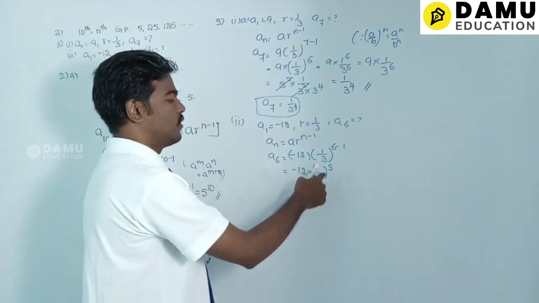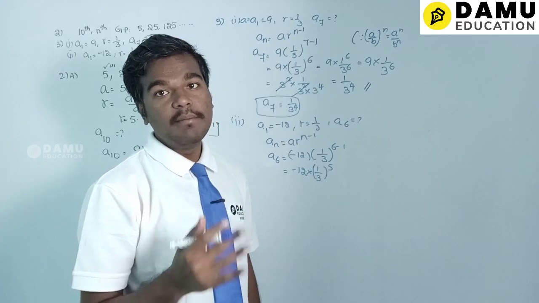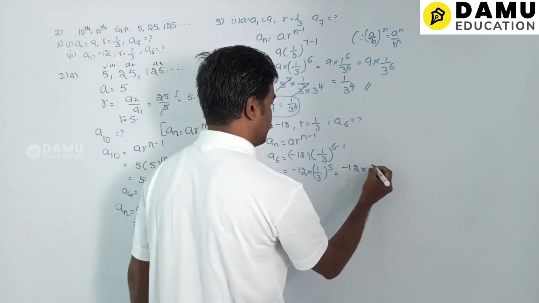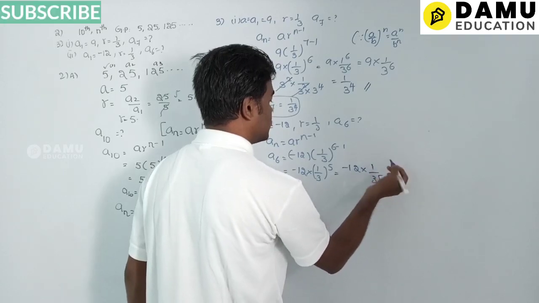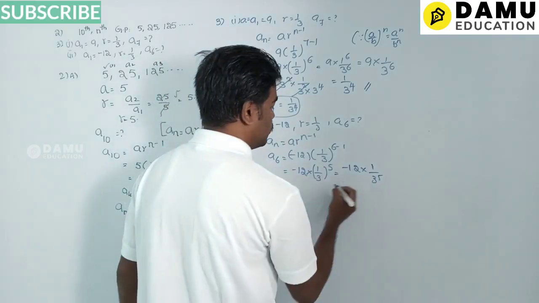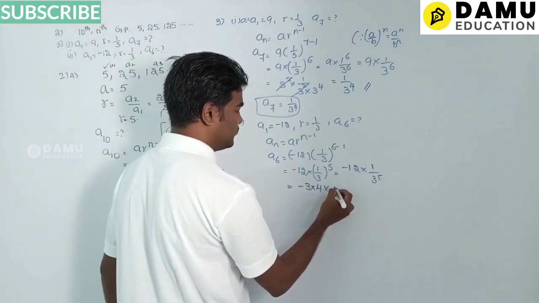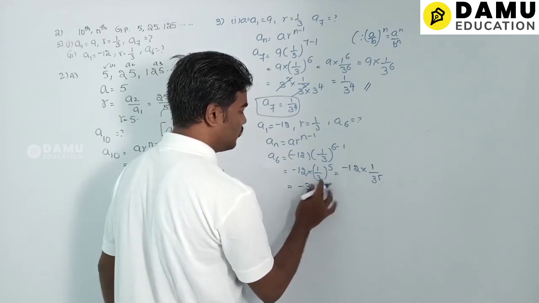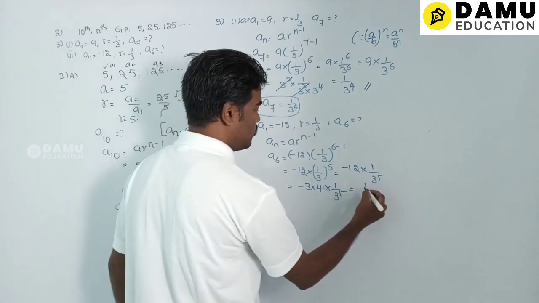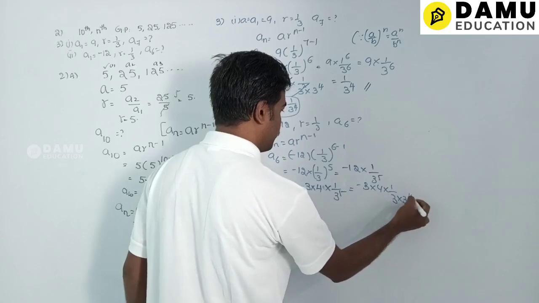As I told, A by B whole power m will be equal to A power m by B power m. So minus 12 into 1 power 5 by 3 power 5. 1 power 5 is nothing but 1. So you can write minus 12 as 3 into 4, minus 3 into 4 into 1 by 3 into 3 power 4.